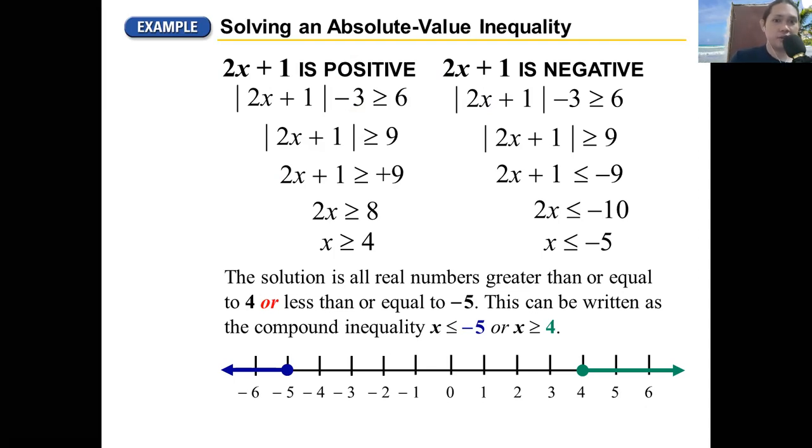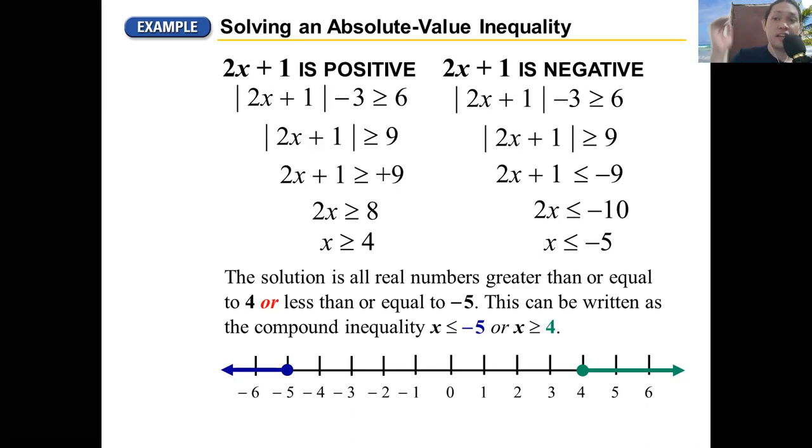So we use the word or. There is no intersection, as you can see, they go in separate directions. Negative 5 going to negative infinity and 4 going to positive infinity. So in short, that's why we use the word or. So do not forget that one.